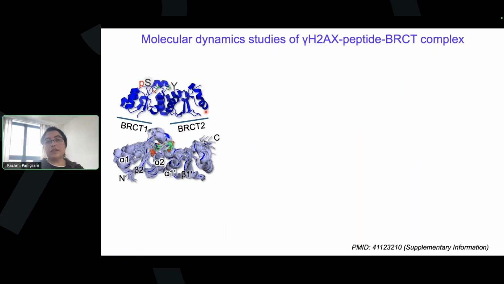We took our crystal structure where we have this BRCT domain, and we have the phosphopeptide bound there. After a 1 microsecond simulation, the phosphopeptide was still bound at the same place, and the terminal tyrosine was buried at the same place. The structure of the BRCT domain did not change.